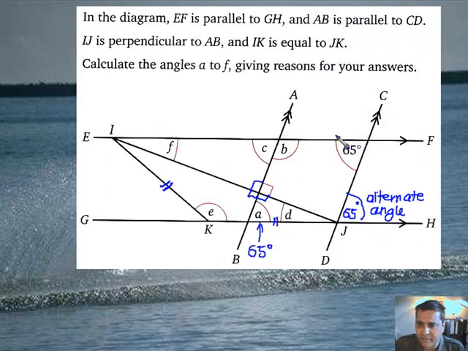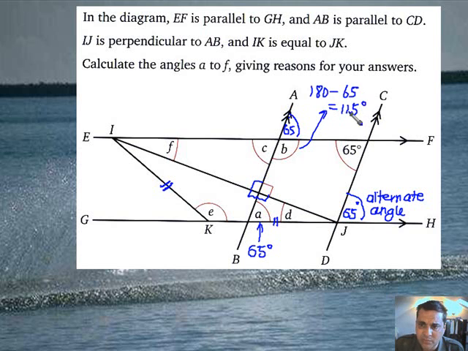Now B, loads of ways of doing this, I suppose. If I can see 65 there, I can see that this is also going to be 65 outside here because it is an alternate angle, so that is alternate to the 65 there. And B is going to be, well, it's on a straight line, so 180 take away 65, that's going to give us 115 degrees. I'm not going to necessarily write down every time that angles on a straight line add up to 180 degrees.